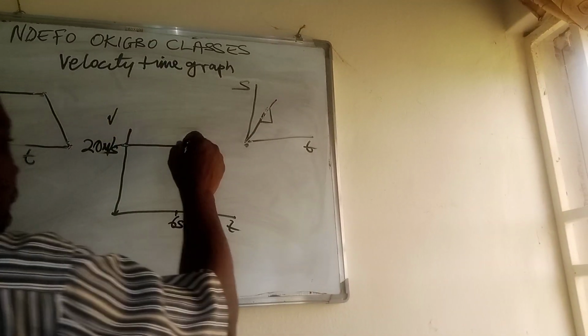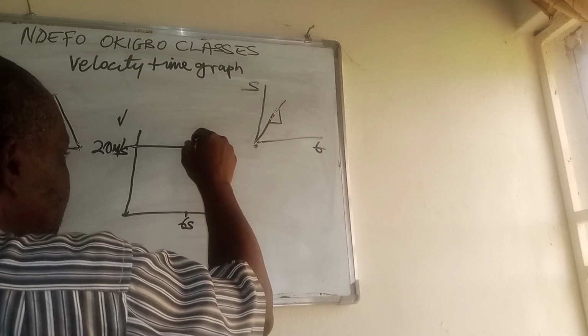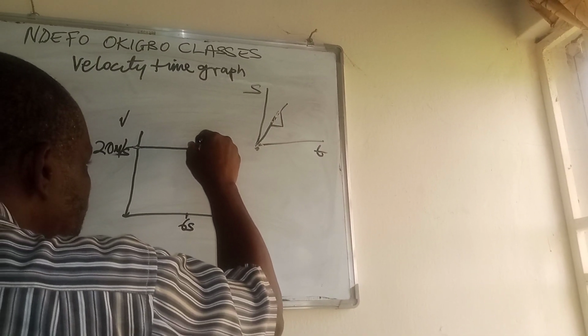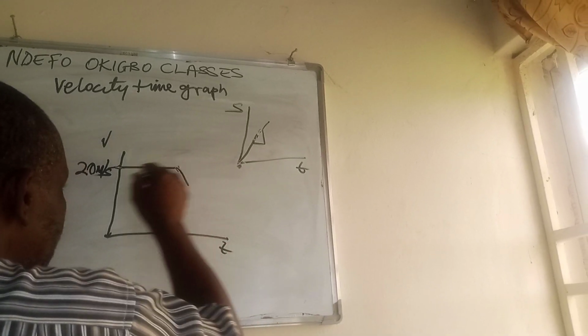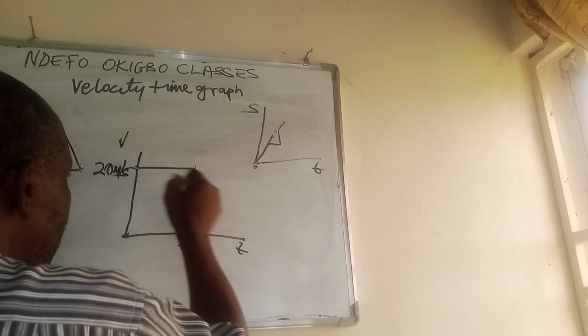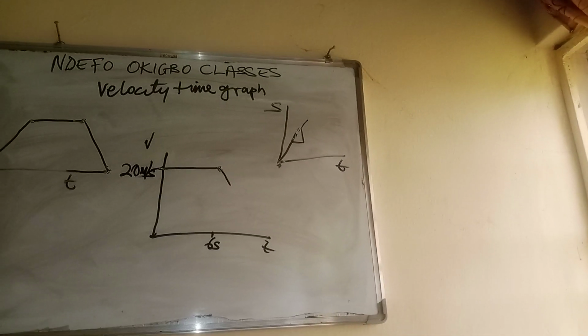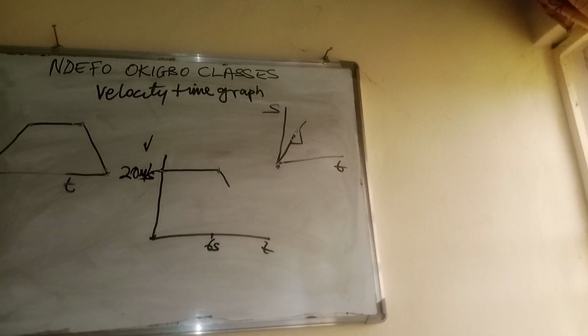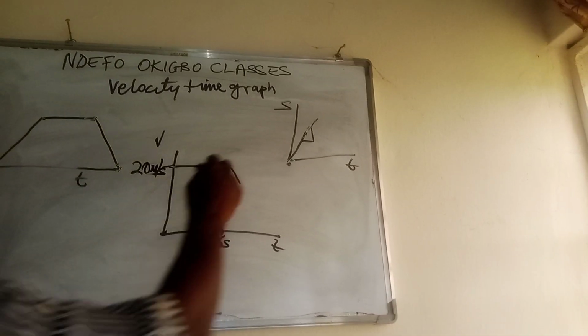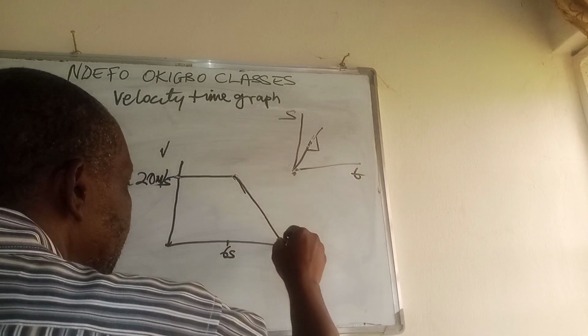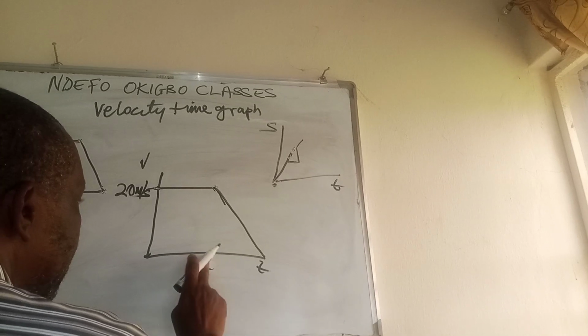So from this point now, it comes back to rest. That means the velocity starts reducing. The velocity was 20, so now it's coming down. It comes down to rest in the next 12 seconds.